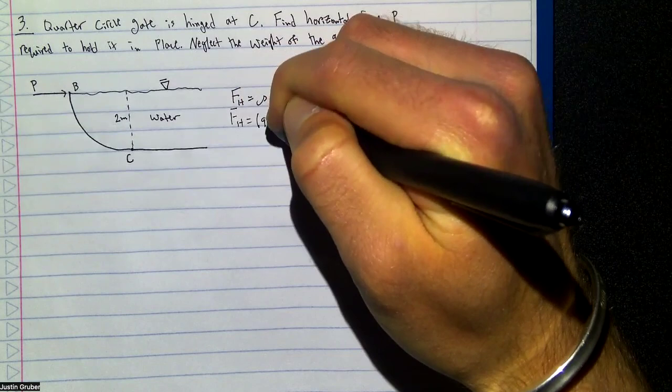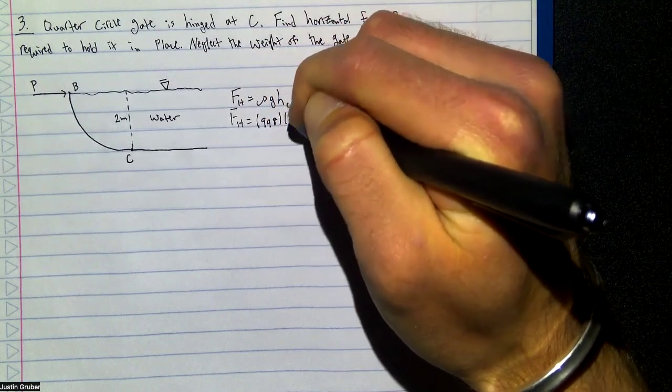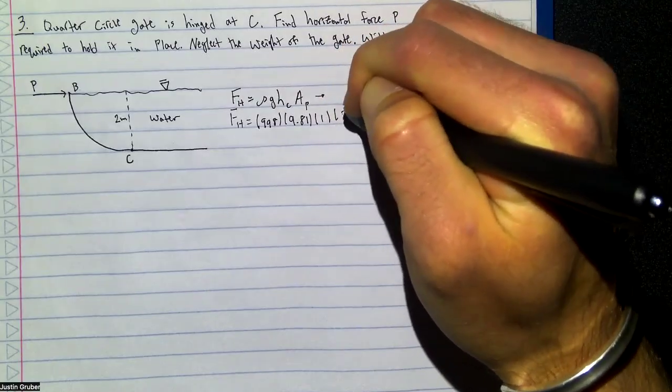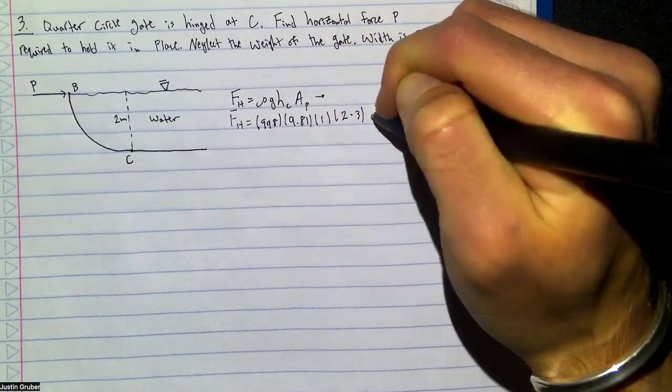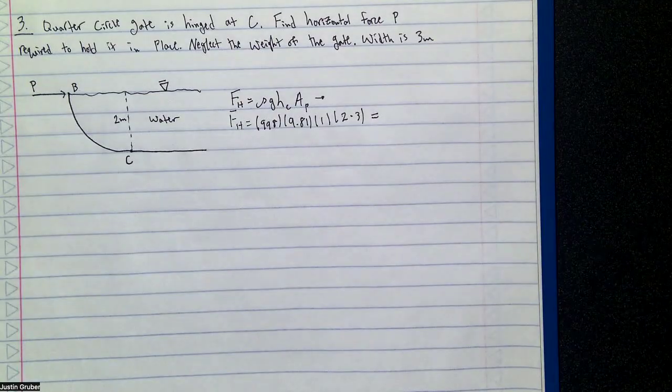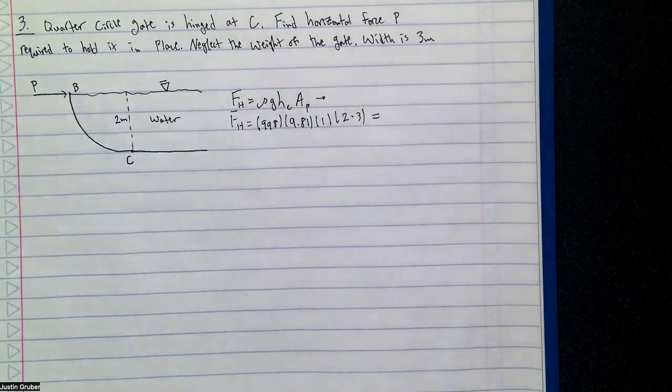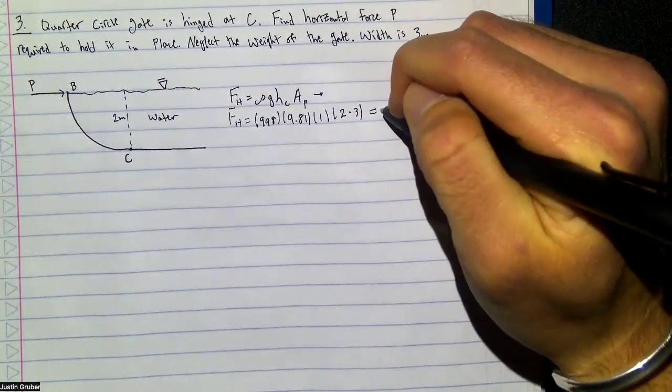We're going to use 998 because who cares? Times 1 times 2 times 3. And this should spit out, this will be 58,740 newtons.